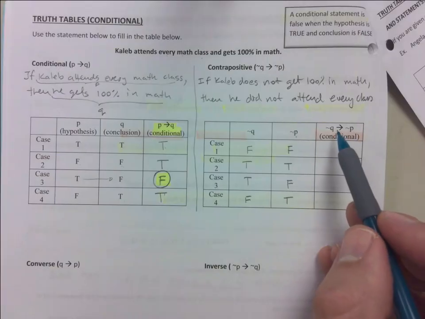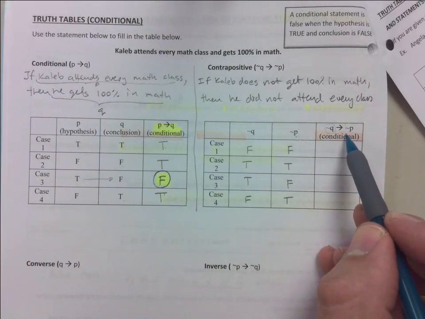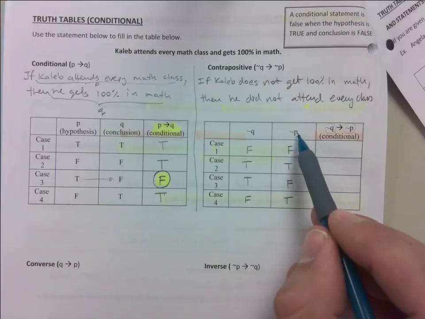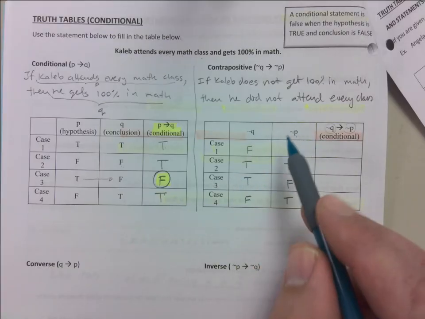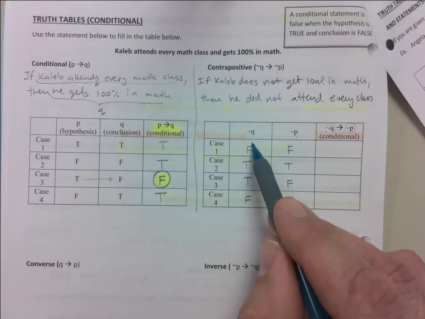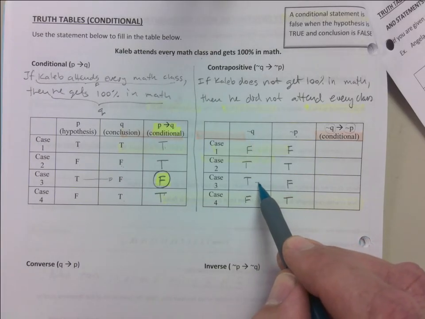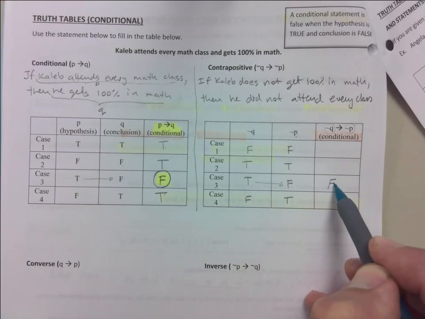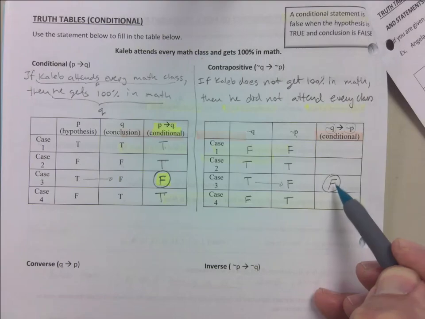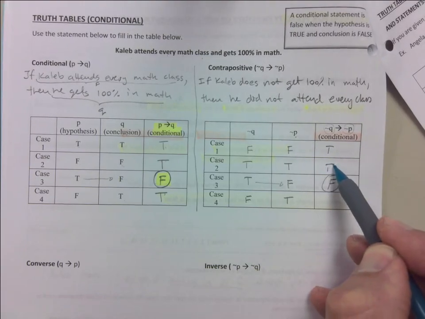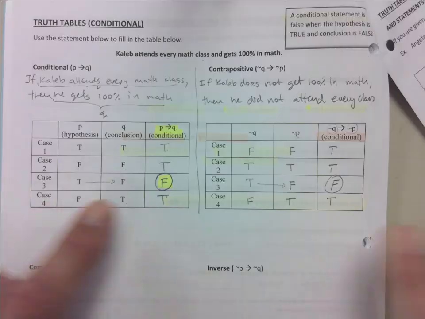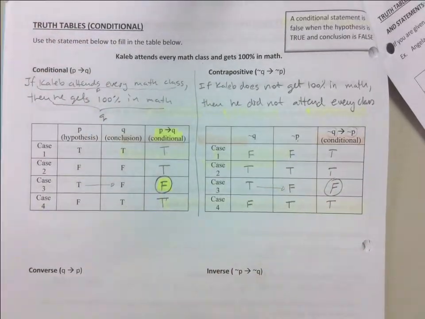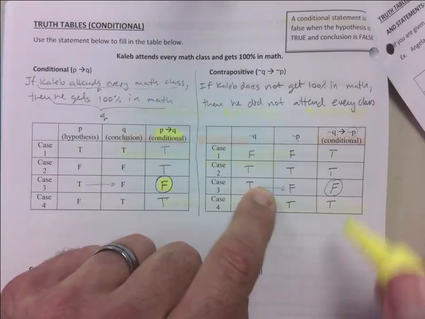We want to see from not Q to not P. So it's perfectly set up in this situation where it's easily visible. The only case where you go from true to false is here. So this is the only false statement. Everything else is true.